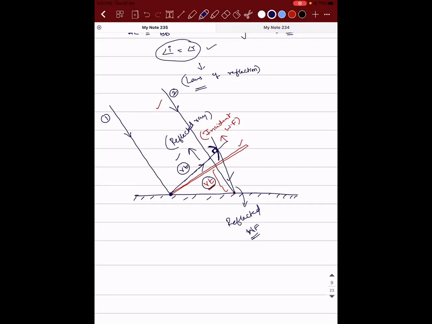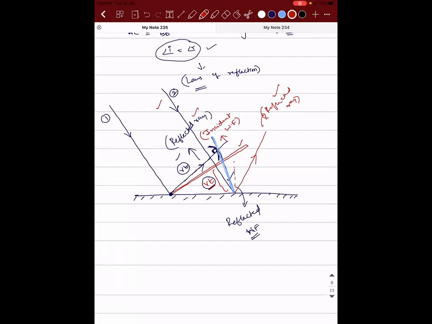Now I'll change the color. To this reflected wavefront, if I draw a perpendicular at the second point of incidence, I get another reflected ray. This reflected ray is from the first incident ray, and this one is from the second incident ray. Is it clear? Yes, sir.